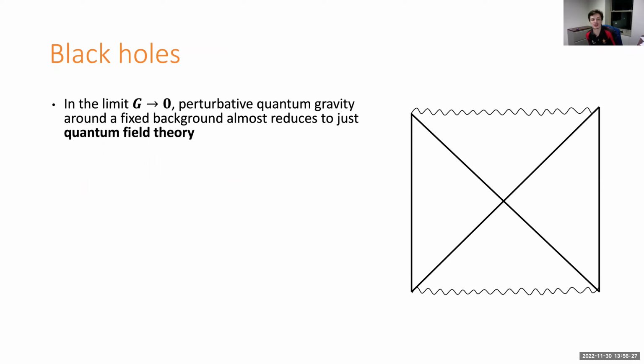Okay, so what we're going to try and do is study perturbative quantum gravity around a fixed black hole background in the strict limit of G goes to 0. In that limit, it basically becomes quantum field theory in the fixed background. You still have graviton fluctuations, but those are just some free spin 2 field, and you can treat that as an ordinary quantum field theory thing.